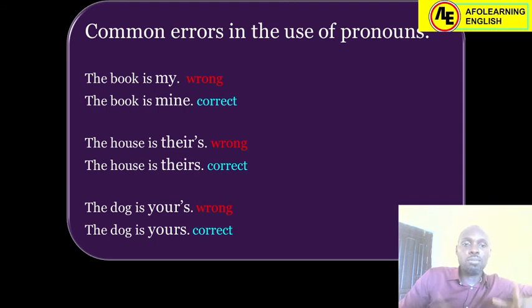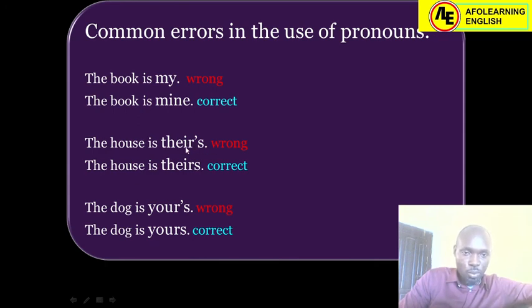We have, the boy is mine's. That's wrong. It should be the boy is mine. And also I've come across expressions like the house is their's, with an apostrophe inserted between the inflection S and the word their. Now, there's no word like this in the English language.